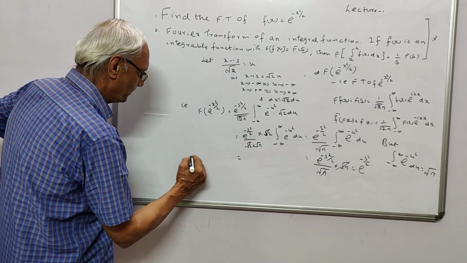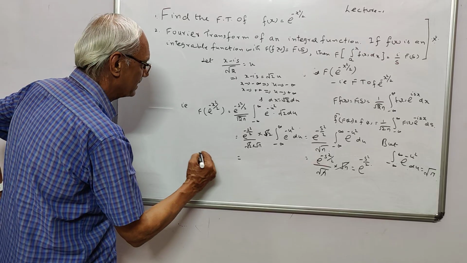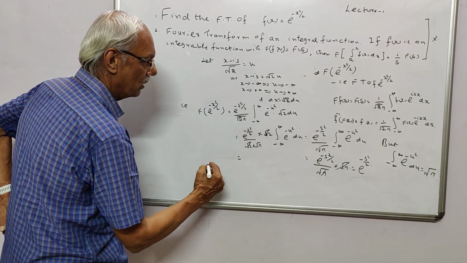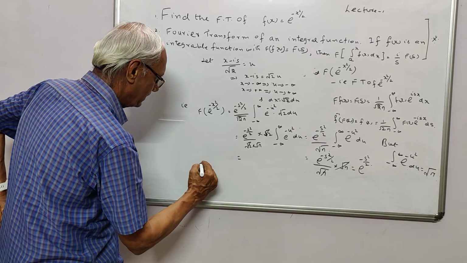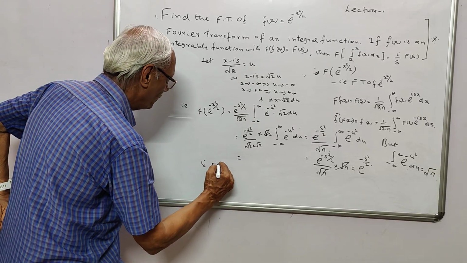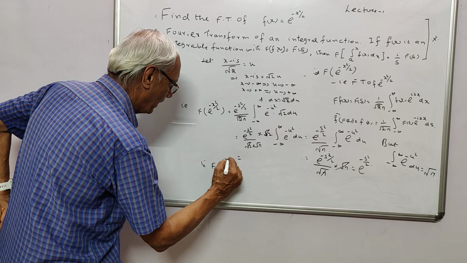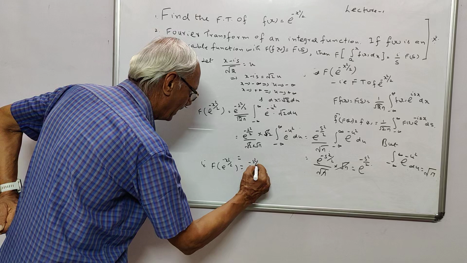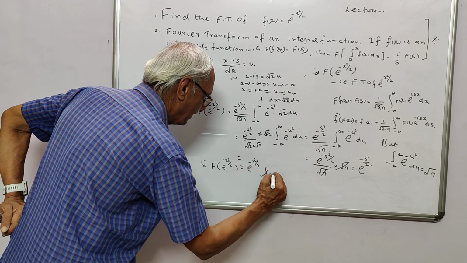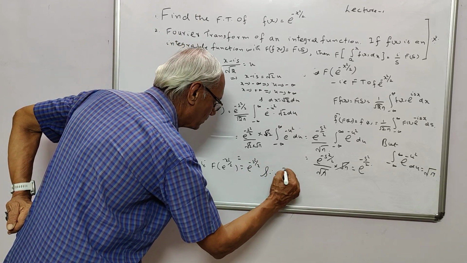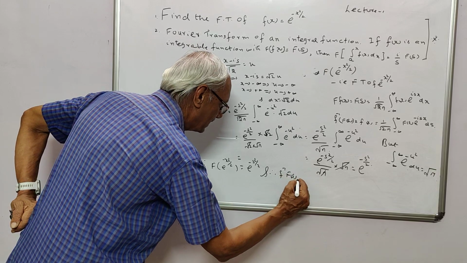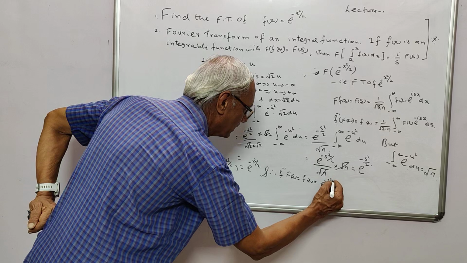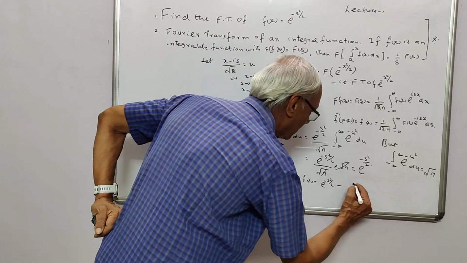That is, F of e to the power of minus x squared by 2 is equal to e to the power of minus s squared by 2, and therefore F inverse of F of s is equal to f of x.